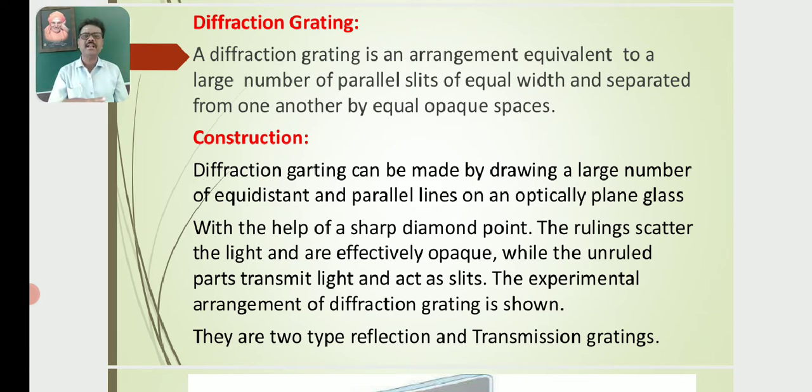The experimental arrangement of a diffraction grating is shown. There are two types of gratings: reflection gratings and transmission gratings.